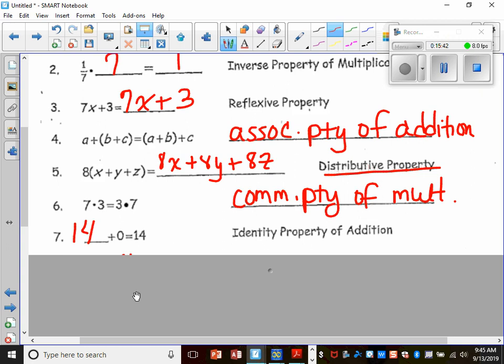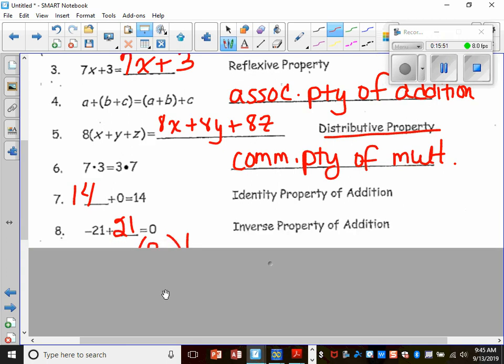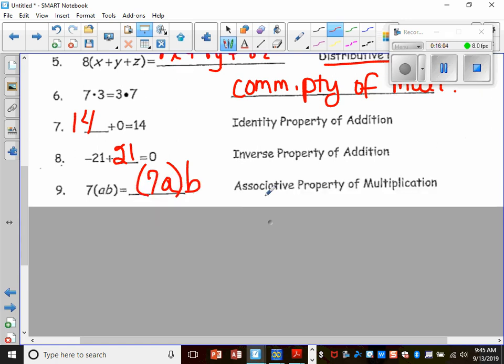Identity property of addition, adding 0 to any number will get you where you started. Inverse property of addition, just adding the opposite will be a positive 21. I've changed this to the associative property, so I just simply shift the parentheses. All the numbers and variables stay in the same order.